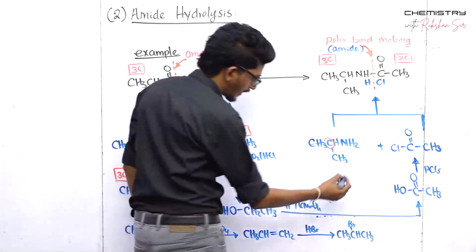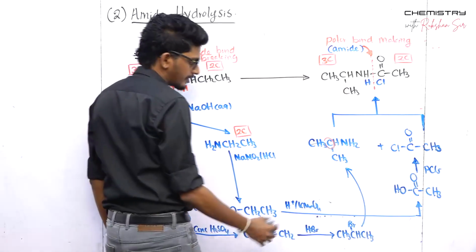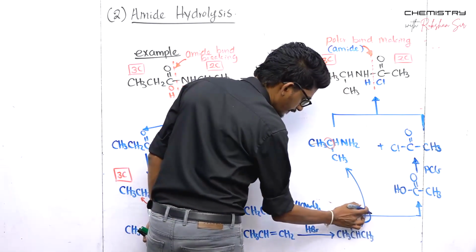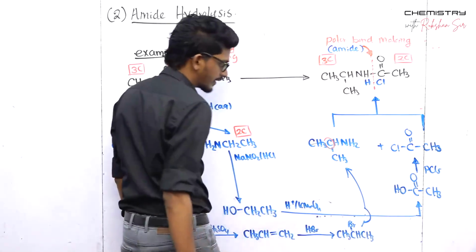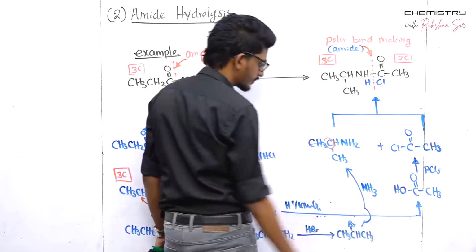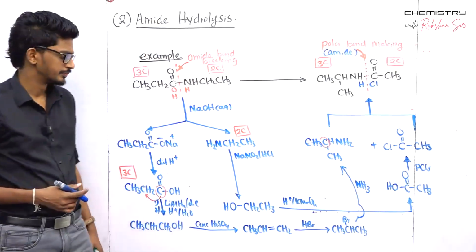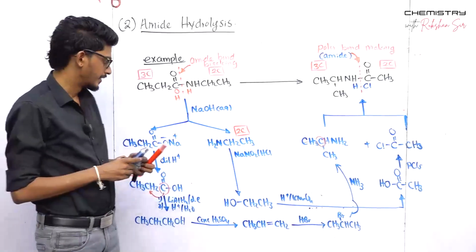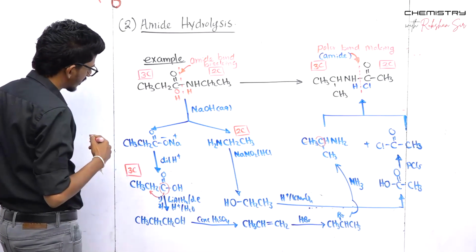Now I can complete the process like that, by just adding NH3, right? So this is your conversion, right? That is not that hard a question, right? The synthesis is not that hard, right?